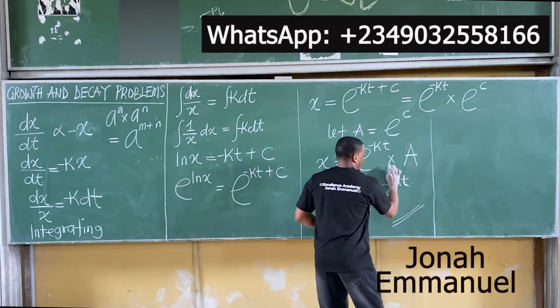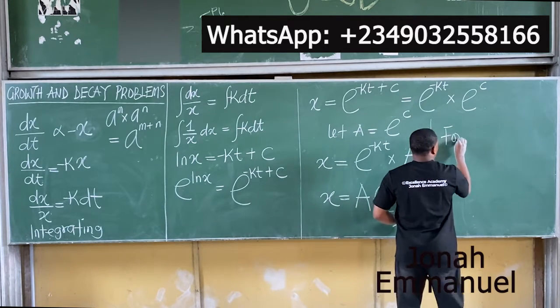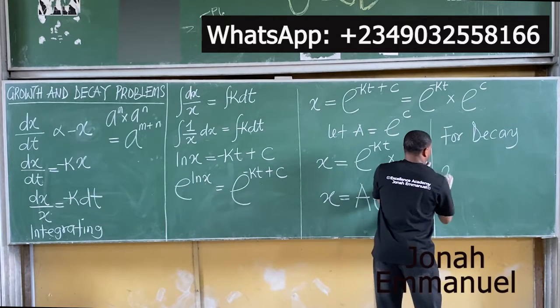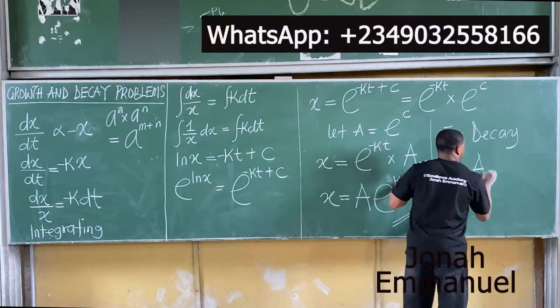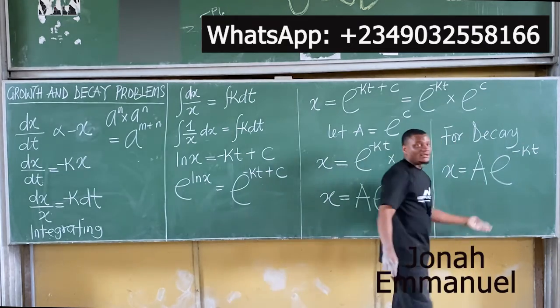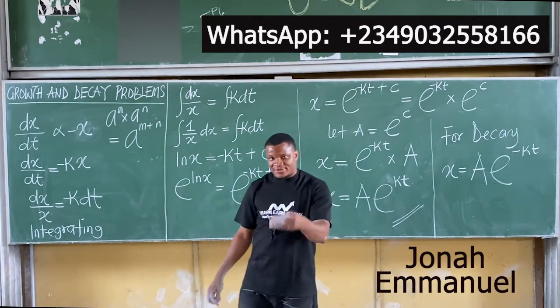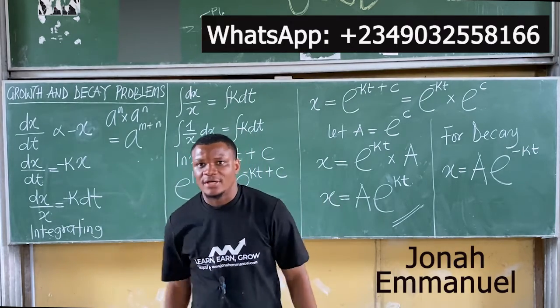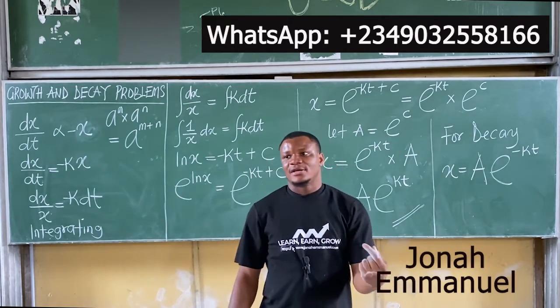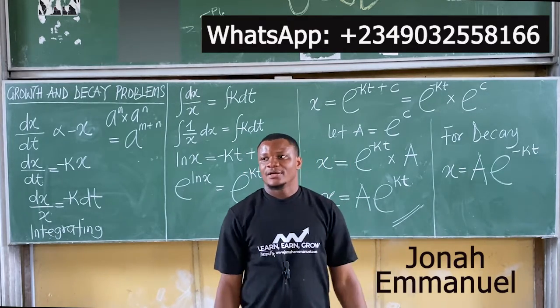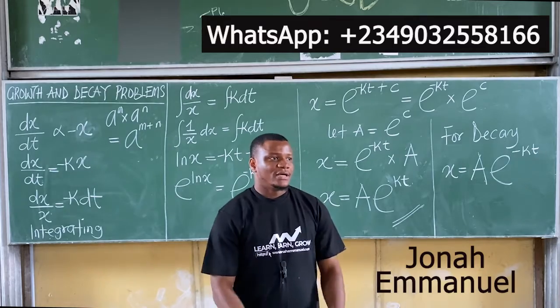So for decay or a reduction in population, you have that x is equal to a exponential minus kt. No big deal. The same thing. So it's positive if there's a growth or an increase in population. It's negative kt if there's a reduction or a decay of the population.